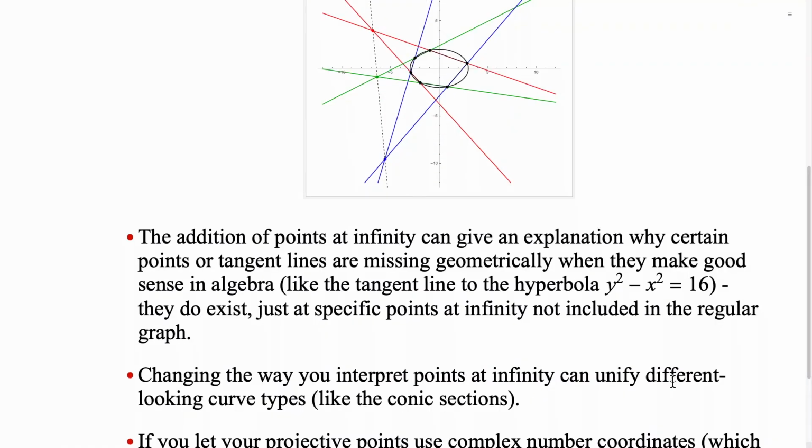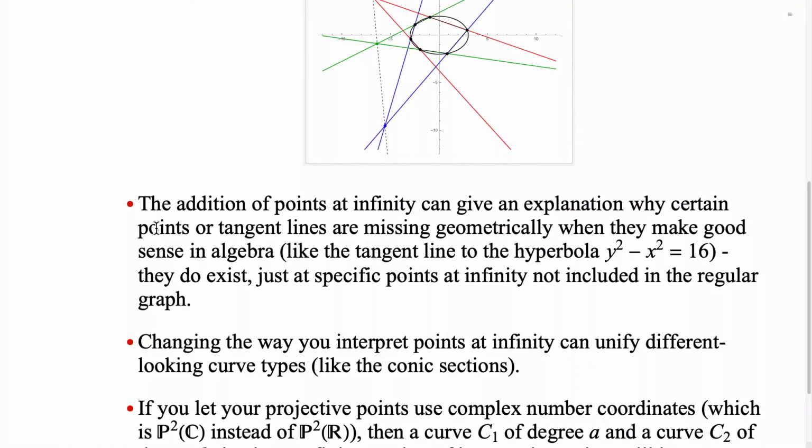and you can still check that these 3 points are collinear. Another nice feature of the projective plane, the addition of points out at infinity, can sometimes give you a good explanation of why certain points or tangent lines are missing geometrically when they make good sense in algebra. That was our example of the tangent line to the hyperbola y squared minus x squared equals 16.